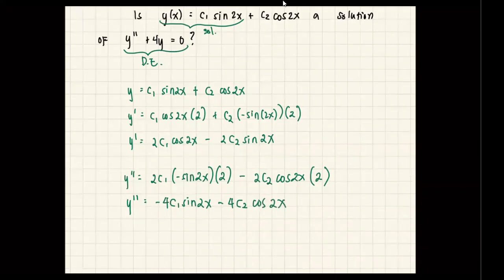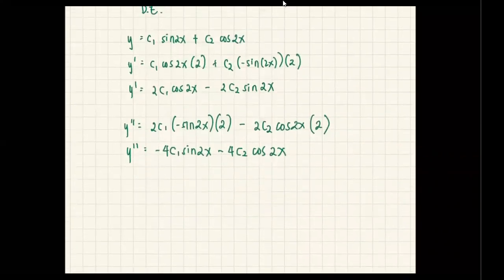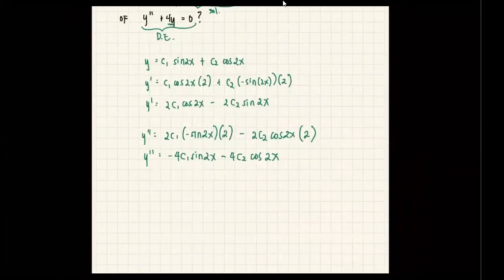Then gagawin natin ngayon, meron na tayong value ng second derivative. Then, ang required naman sa function natin is y'' tsaka yung value lang ng y. Substitute na natin sa given differential equation natin, which is y'' + 4y = 0.